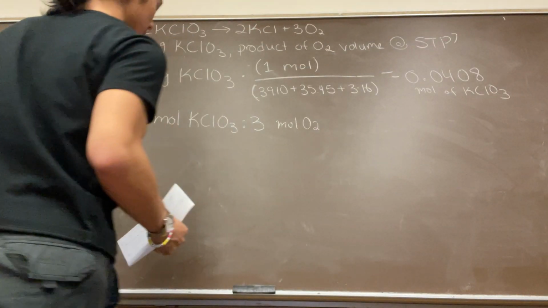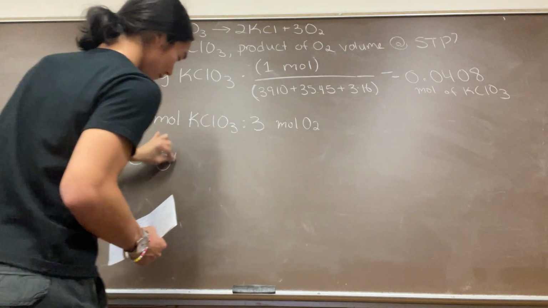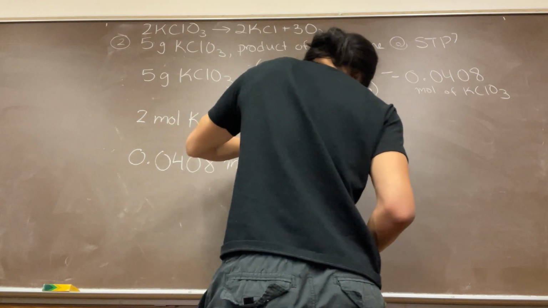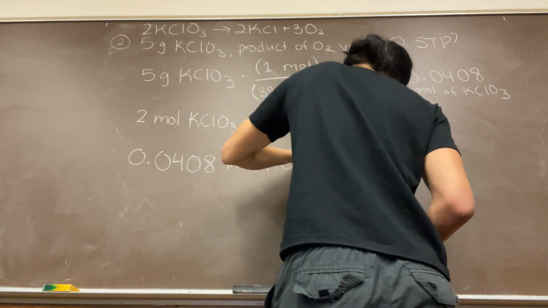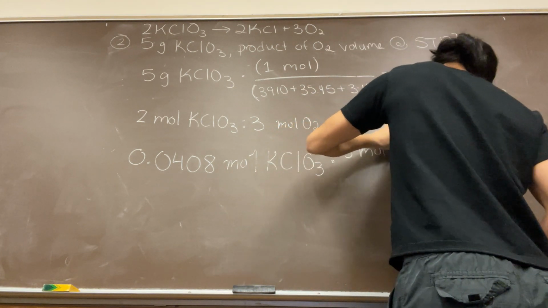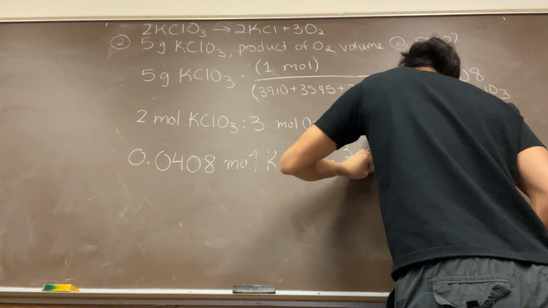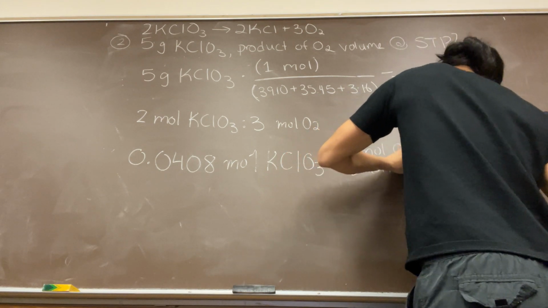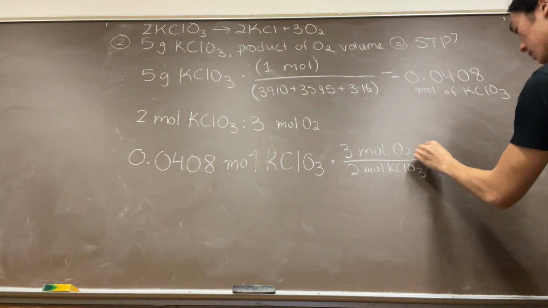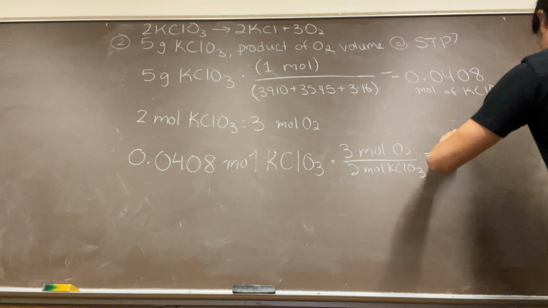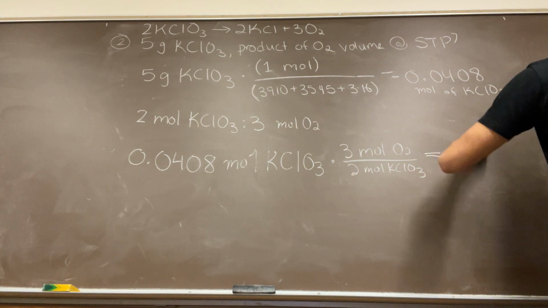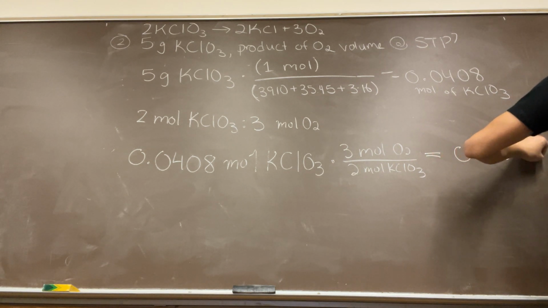So we have 0.0408 moles of KClO3 multiplied by, we get 3 moles of oxygen gas for every 2 moles of KClO3 we use. Right? And this will give us 0.0612 moles.